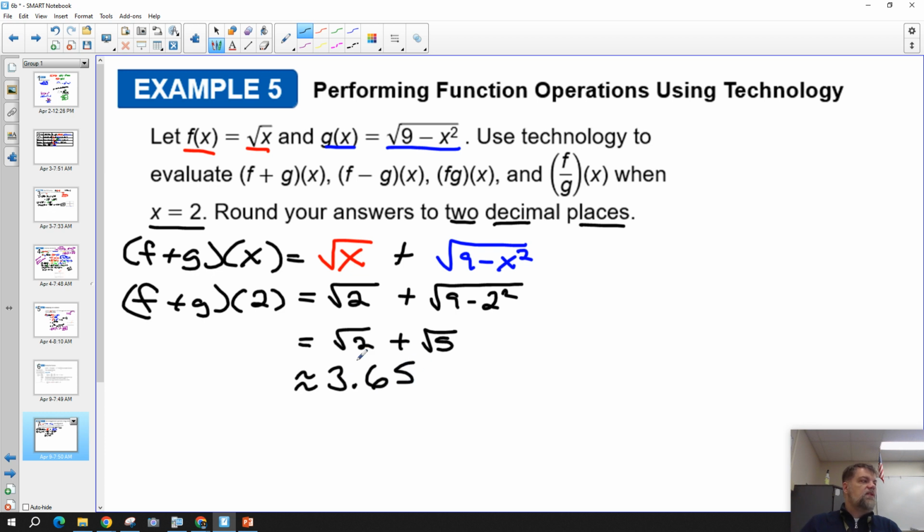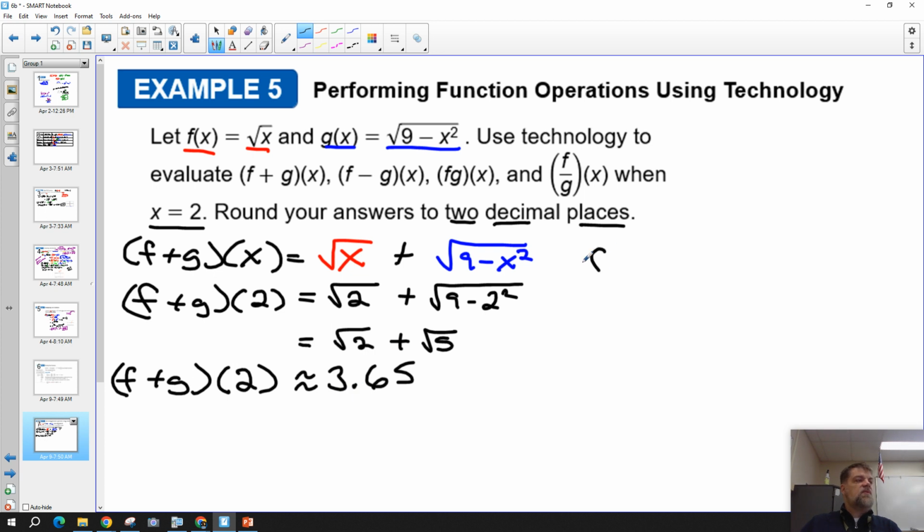Okay? And then for good measure, we should probably say f plus g evaluated at 2. Okay? And if you were to graph this on the graphing calculator, which we're not going to do today, the point (2, 3.65) approximately would show up on the graph.